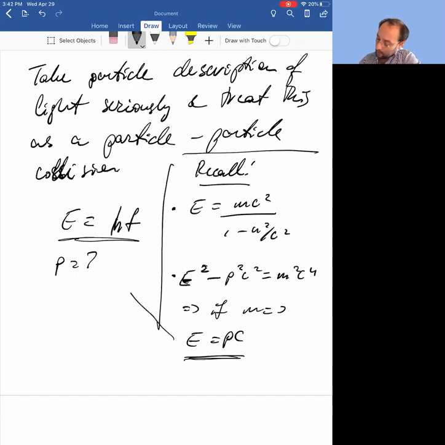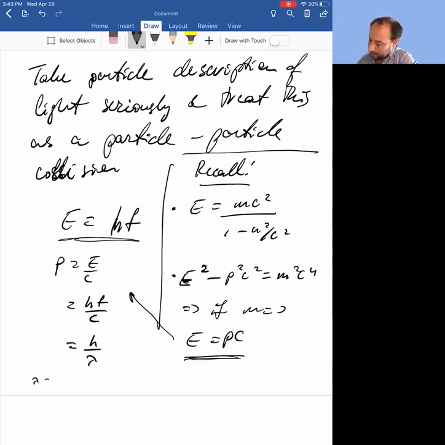Okay, so now we can use that here. We can say p equals E over c. That comes from relativity. But we do know what E is. It's hf. That came from trying to understand the photoelectric effect, and also from Planck's ideas. So let's substitute that: hf over c, which is h over lambda.